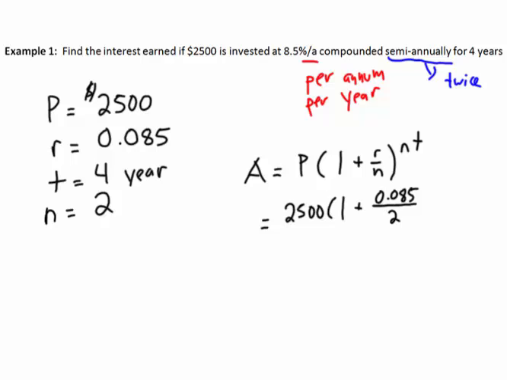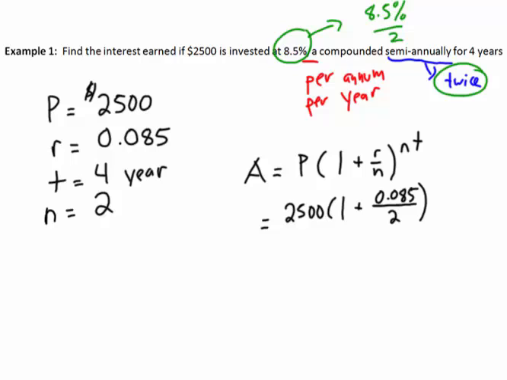Why we have to take our R and divide it by 2 is we get 8.5% per year, not per compounding. So really what we're doing here is we're taking the 8.5% and we are cutting it in half. Each compound period gets cut in half because we have 2 periods per year. That's all that's doing in that calculation.